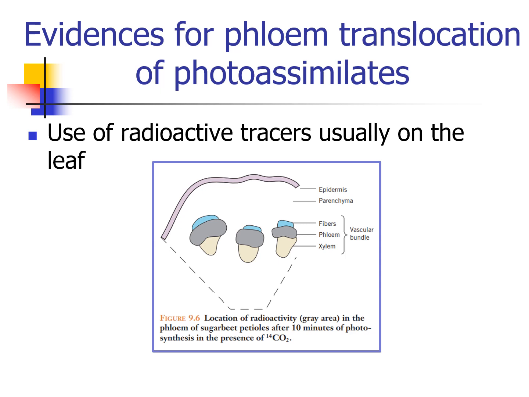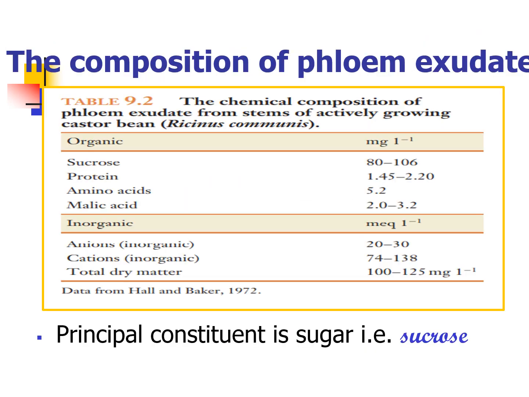Cross-section of the frozen petiole was prepared and placed in contact with an X-ray film. The resulting image on the X-ray film indicated that photoassimilate being translocated out of the leaf was localized exclusively in the phloem. Results from analysis of collected sap indicate that the translocated carbohydrates are all non-reducing sugars.